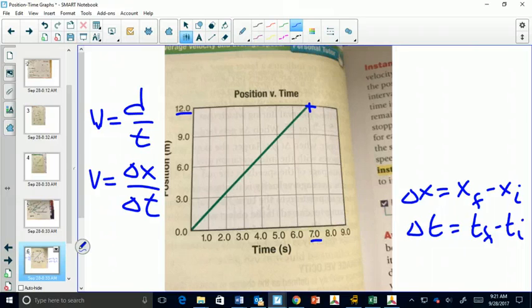Why do I take when it crosses? Can anybody answer that? Because it's a good question. Right. It's simply about getting nice, easy to deal with whole numbers. If you actually graphed it on a calculator or on your computer, you could take any point on that line, and you'd still get the same velocity. But it's just easier for us to calculate that way.